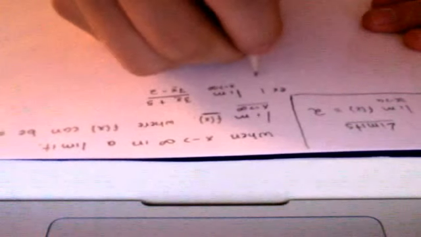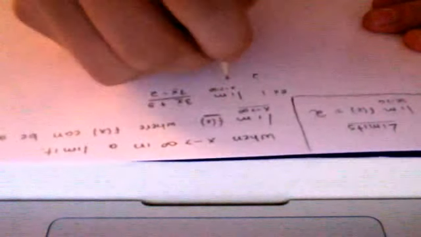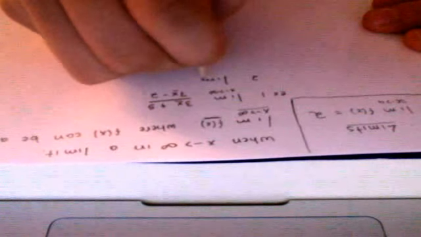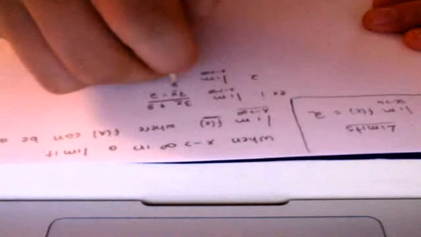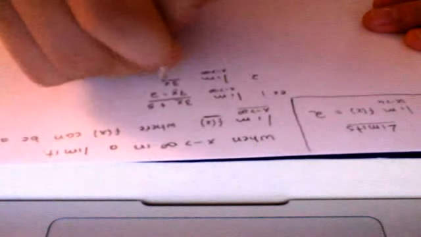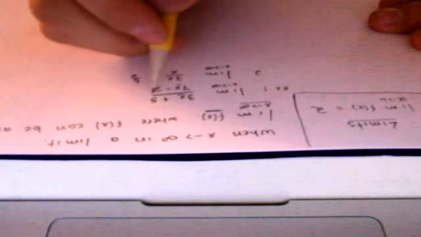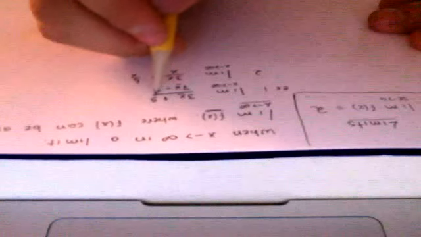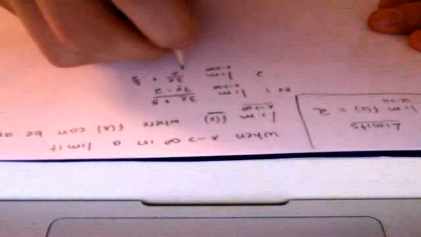So the second step that we'll do here: limit as x approaches infinity of 3x over x plus 5 over x. Remember, you cannot divide the x on one side and not divide it on the other side. So you have to divide it by both sides.